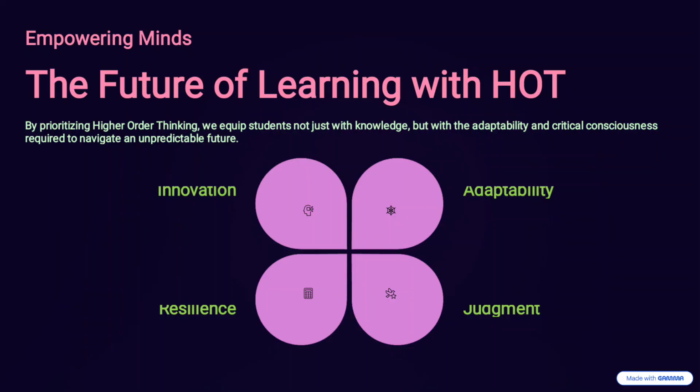The fourth thing should be accepted by every mind which is looking to become a higher order thinker. The first one is innovation, the second is adaptability, resilience, and judgment. So these things empower the mind toward higher order thinking.